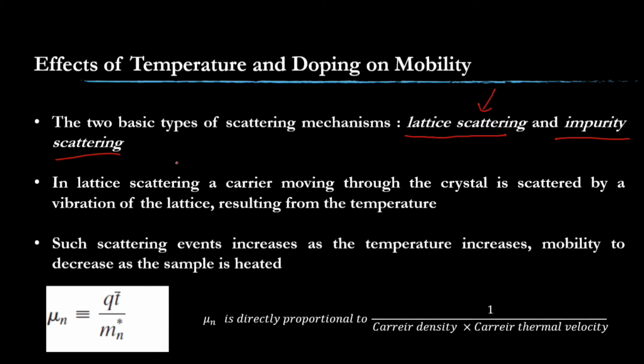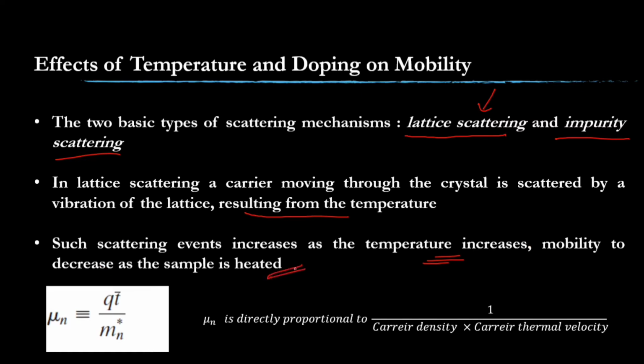So when the carrier collides with the lattice vibrations, or phonons, it results in a temperature rise. Energy cannot be created or destroyed, so once it hits, temperature will be created. As such scattering increases, the temperature also increases, and the mobility decreases as the sample is heated.